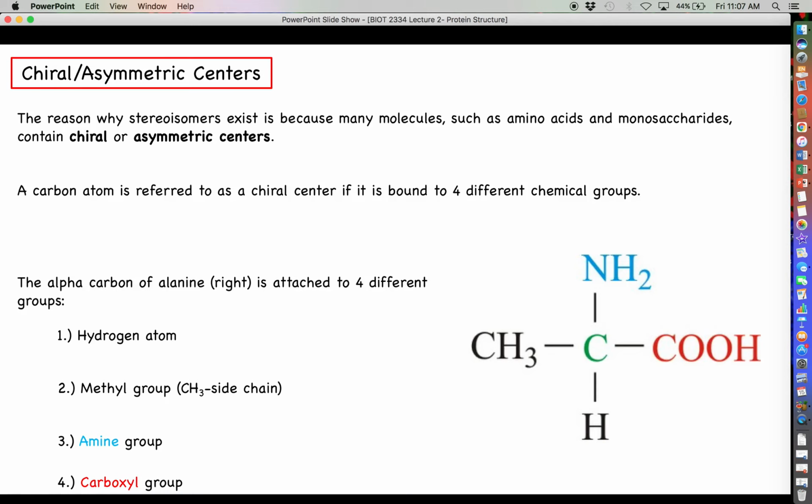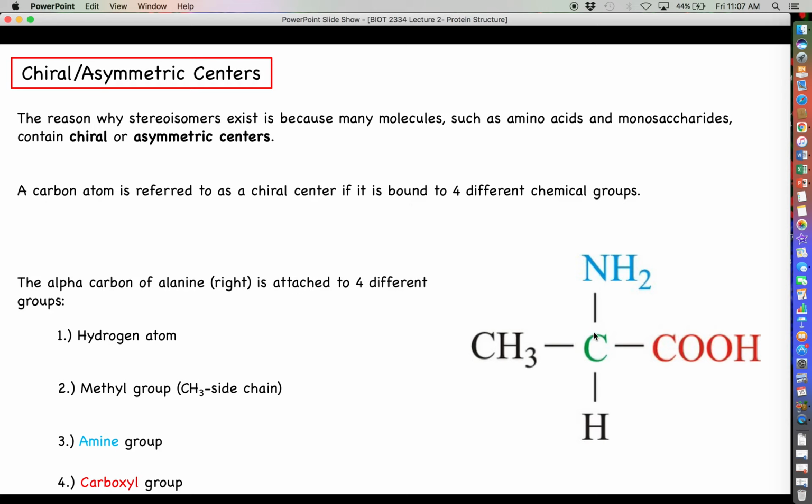So the reason why stereoisomers like alanine and other amino acids exist is because amino acids, and not just amino acids, but also monosaccharides and other types of molecules as well, contain what are called chiral or asymmetric centers. So a carbon atom is referred to as an asymmetric center if it is bound to 4 different chemical groups. So look at alanine here.